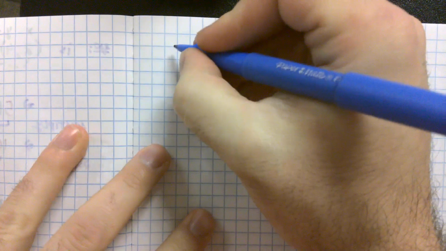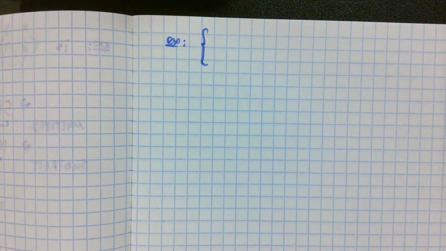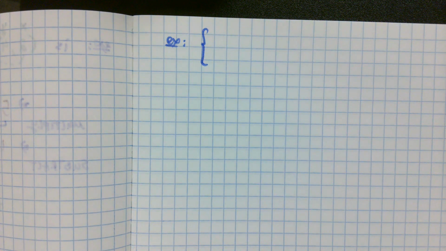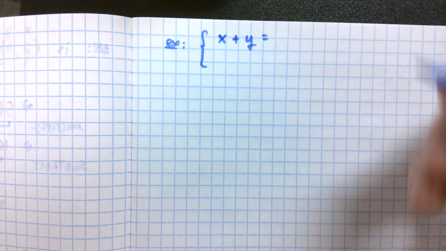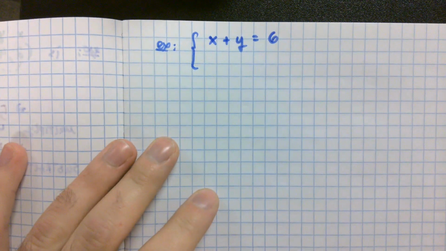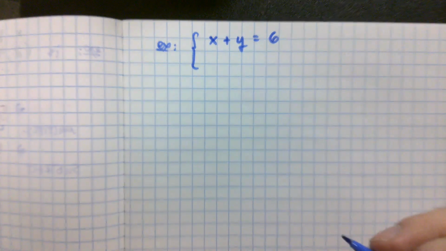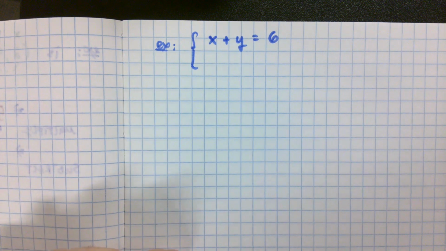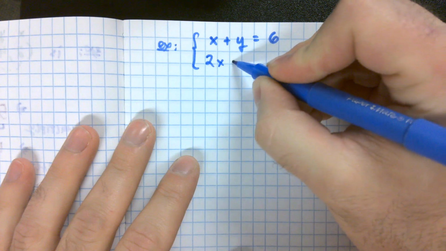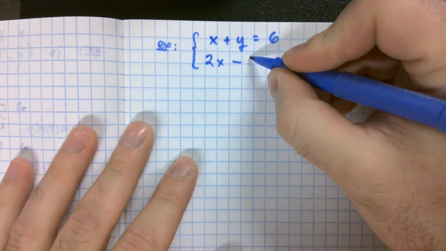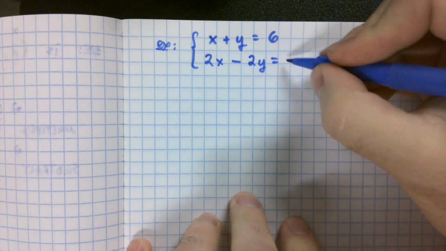See if we have a solution for an actual system of equations. So let's say we've got the system x plus y equals 6, joined together with the equation, let's see if we have 2x minus 2y equals 4.